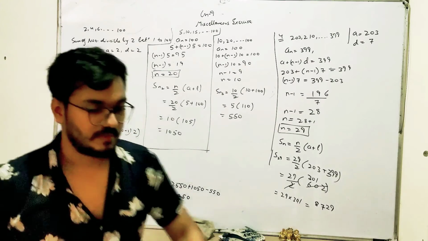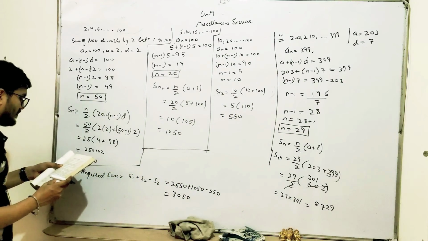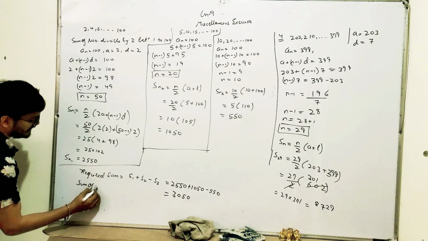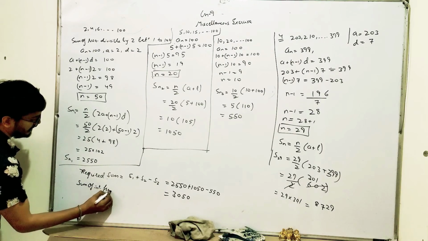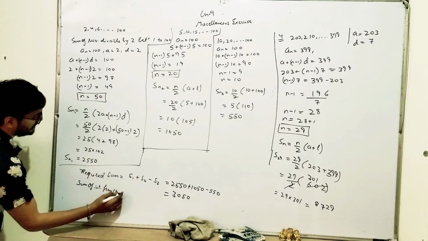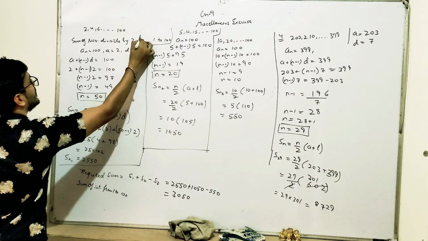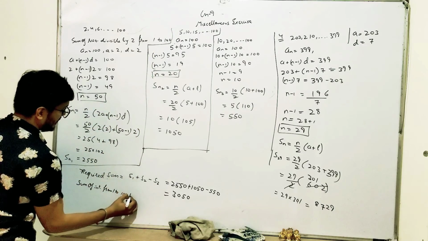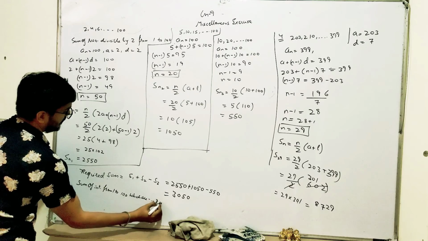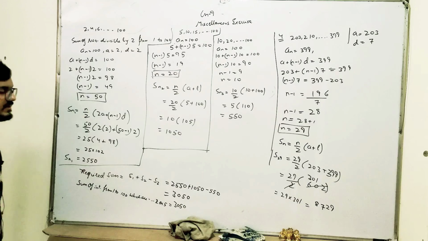So what we had to determine: the sum of integers from 1 to 100 which are divisible by 2 or 5 is equal to 3050. So this is our answer.